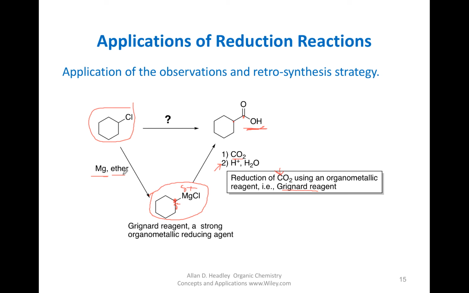For shortened form, we just typically write ether. So once again, to make this molecule, which has a carboxylic acid, you will need a Grignard reagent reacting with carbon dioxide. To make this Grignard reagent, you need an alkyl halide here reacting with magnesium.